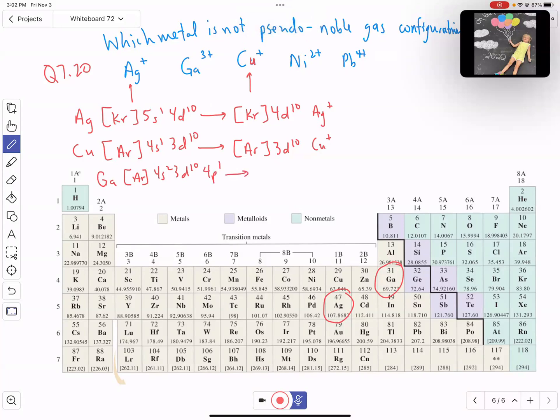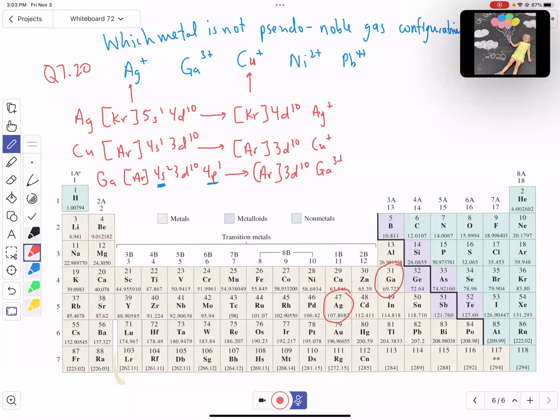So for gallium 3 plus, we're going to lose 3 electrons. We lose our numerically highest occupied orbital first, so we lose 4p, then we lose 4s. So gallium 3 plus becomes argon 3d10. That's gallium 3 plus.